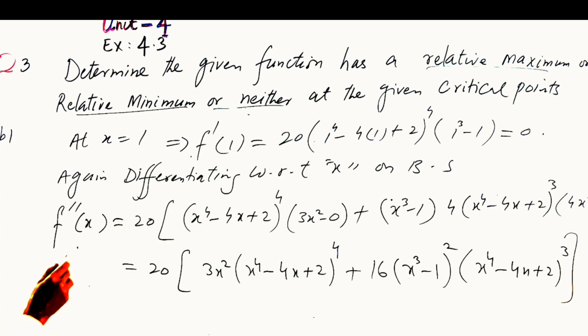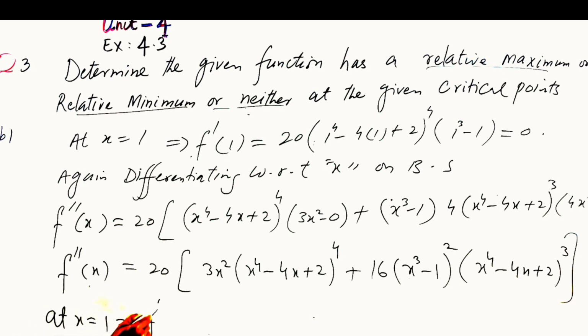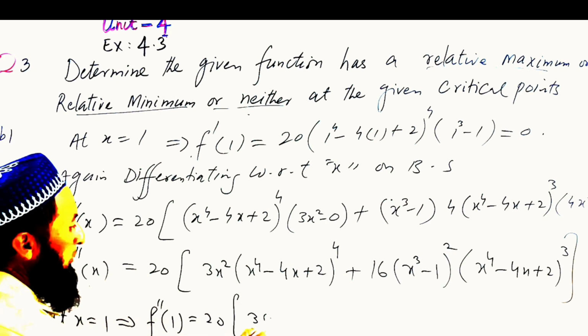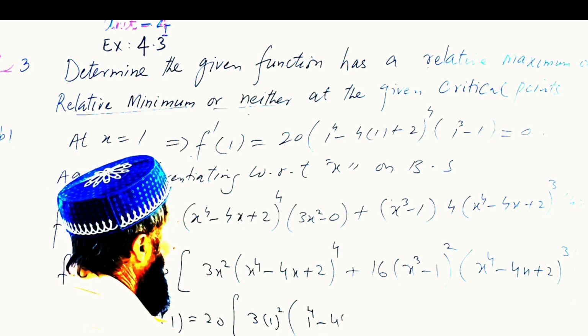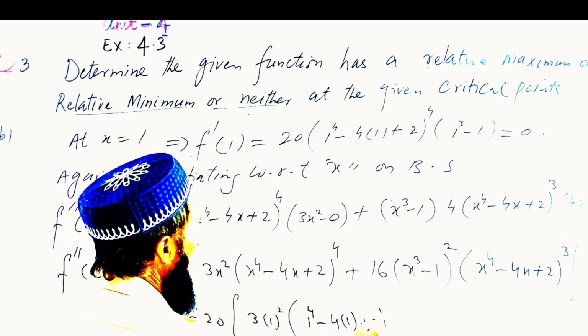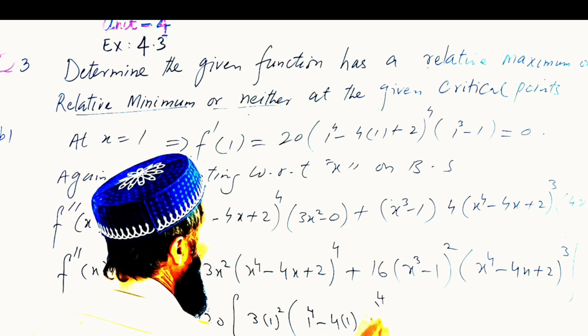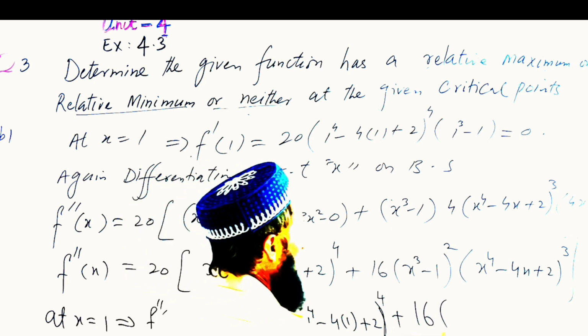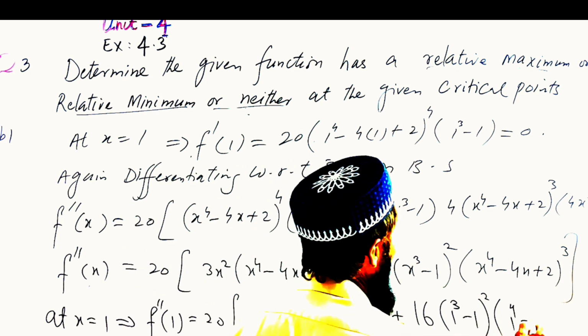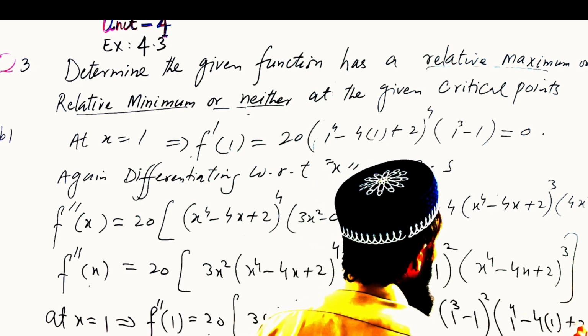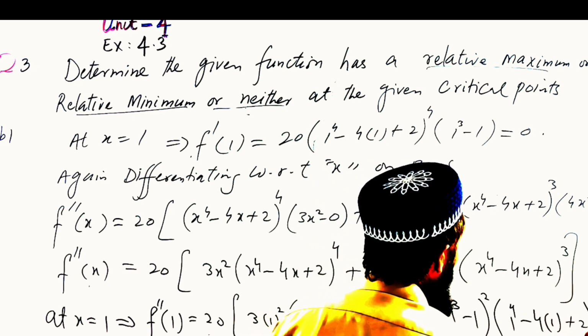Now we apply the critical point at x is equal to 1. So f double dash 1 is equal to 20 [3 into 1 square into (1 power 4 minus 4 into 1 plus 2) whole power 4 plus 16 into (1 cube minus 1) square and (1 power 4 minus 4 into 1 plus 2) whole cube].